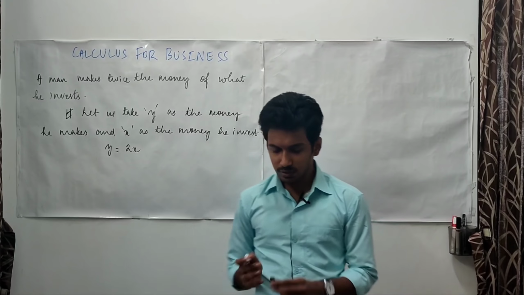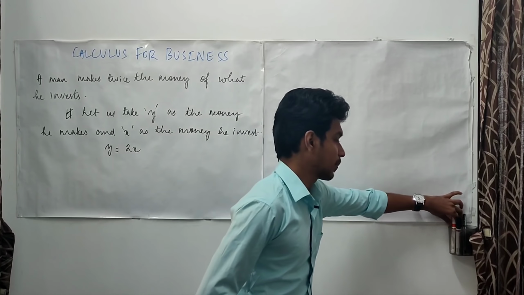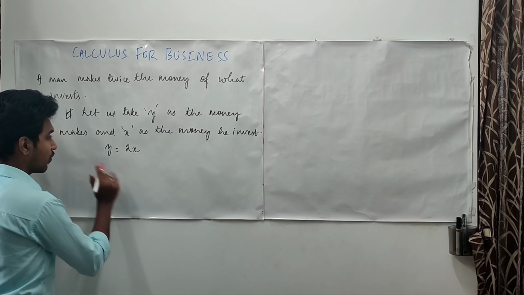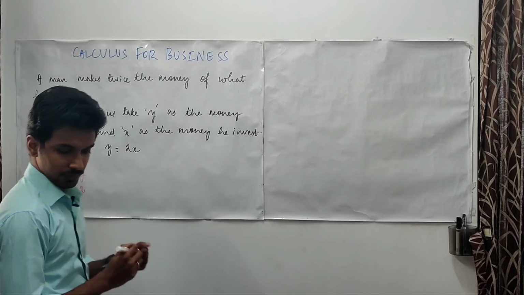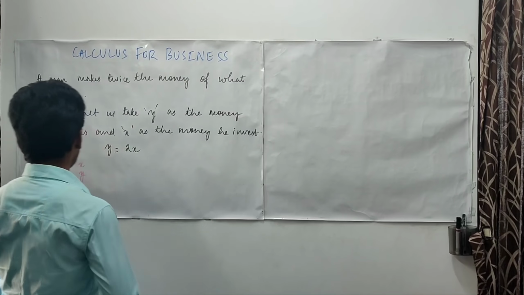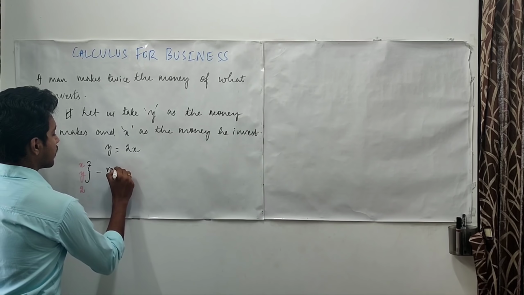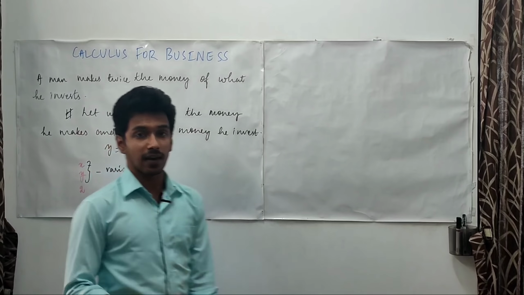Here we have this y and x. What are this y and x? There are three things involved: x, y and this 2. Out of these things, this x and y are called variables because these can take any value.